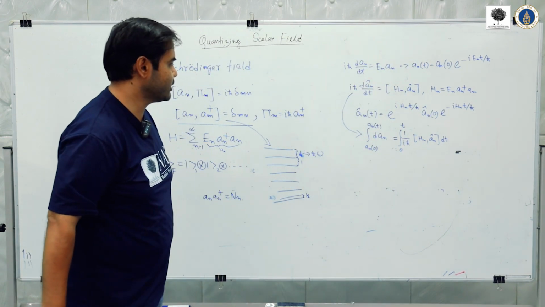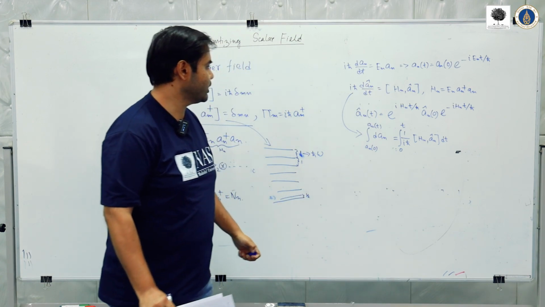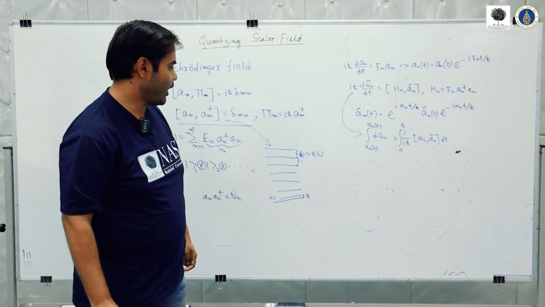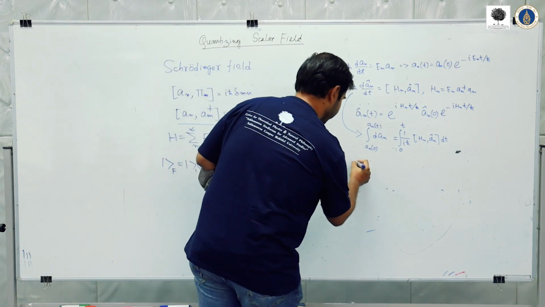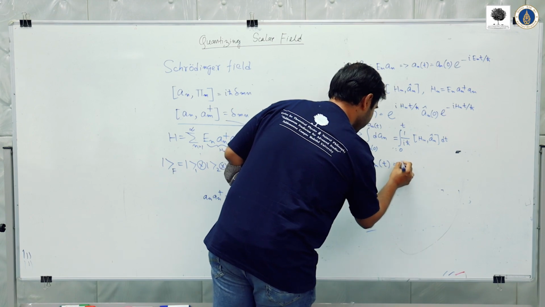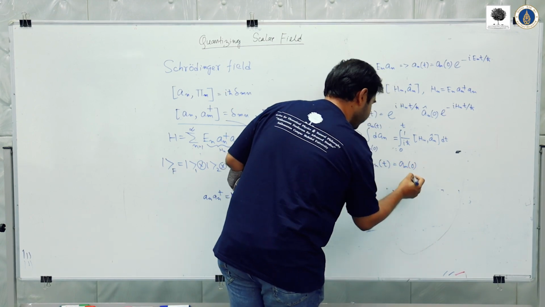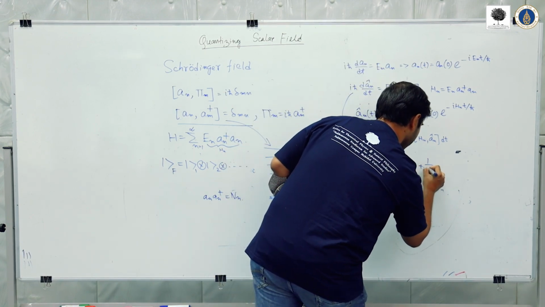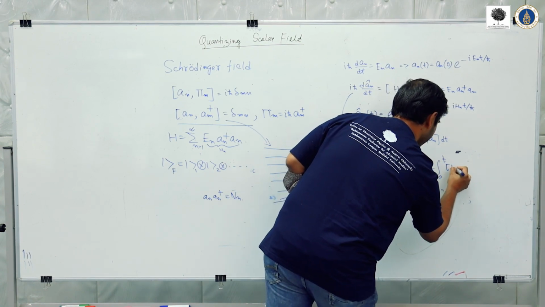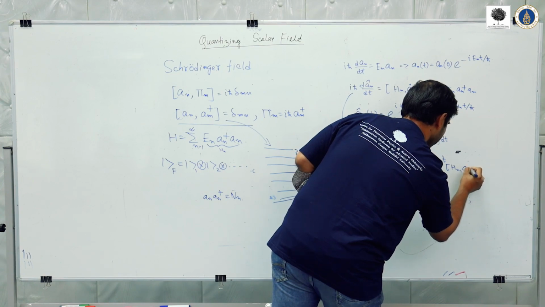Yes, you just shift the derivative to the other side and take an integral, and from this side we have a_n(t) equal to a_n(0) plus 1 over i h bar, integral from 0 to t, of the commutator of H_n with a_n.